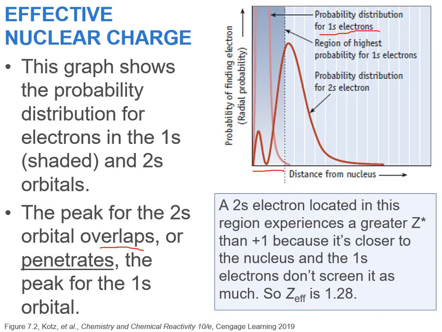So the effective nuclear charge is going to be a little bit greater. It's not +1, it's more like +1.28, because the 1s electrons aren't screening it as much as they would if it was way out here. That explains why the effective nuclear charge isn't exactly +1. It's actually a little higher than that.